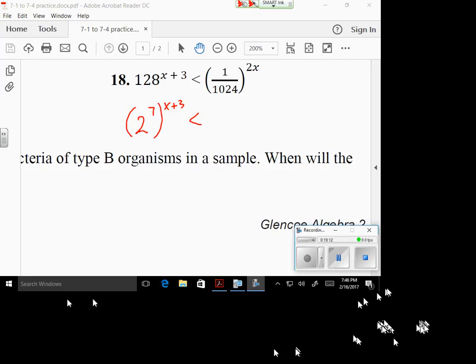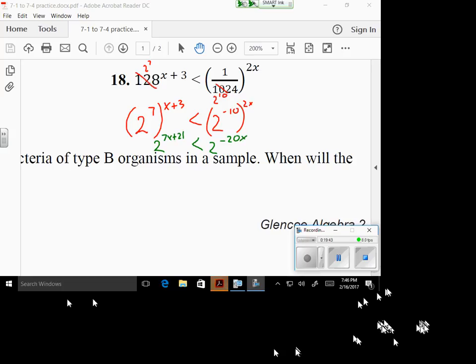After some messing around on the calculator, figure out that 128 is the same as 2 to the 7th, and 1024 is the same as 2 to the 10th. So rewrite it as 2 to the negative 10th to the 2x, which would become 2 to the 7x plus 21, which would be less than 2 to the negative 20x.